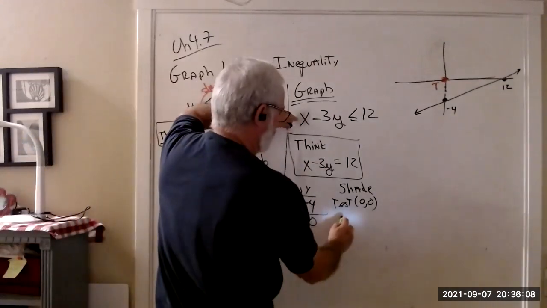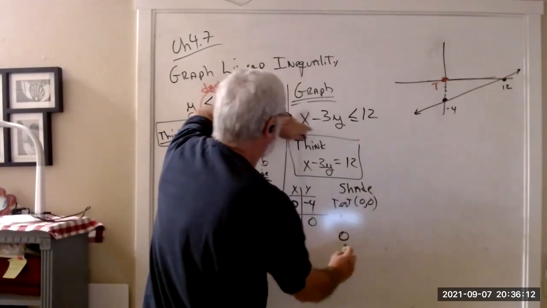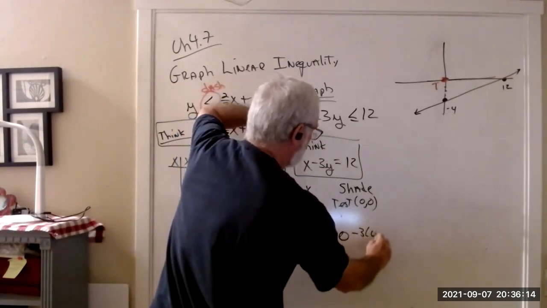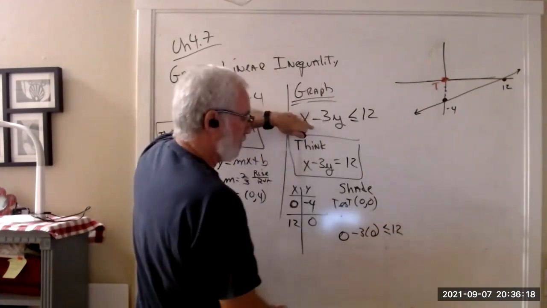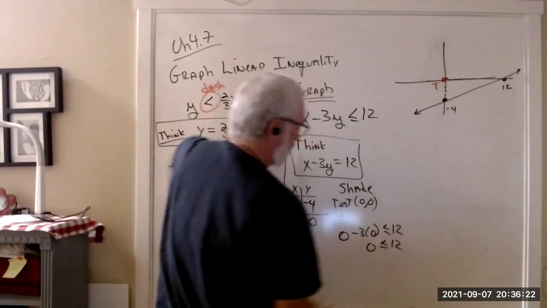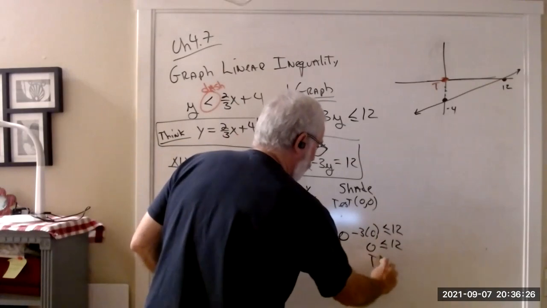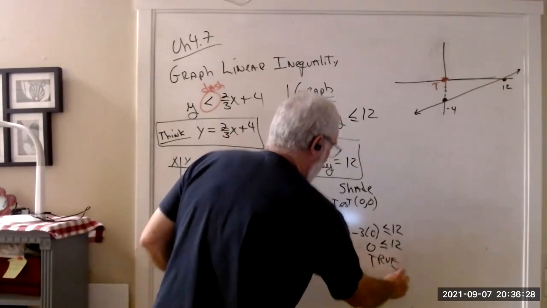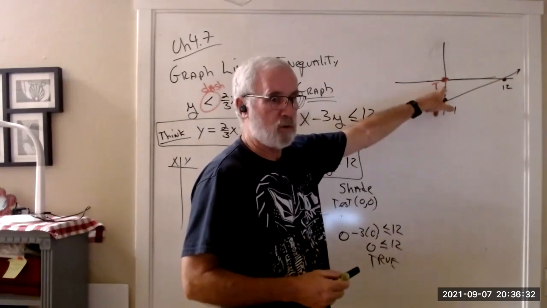So the question is where's the truth? 0 minus 3 times 0 is less than or equal to 12. Well, that becomes 0 is less than or equal to 12, if I simplify my arithmetic. So that's true. My test point was true.